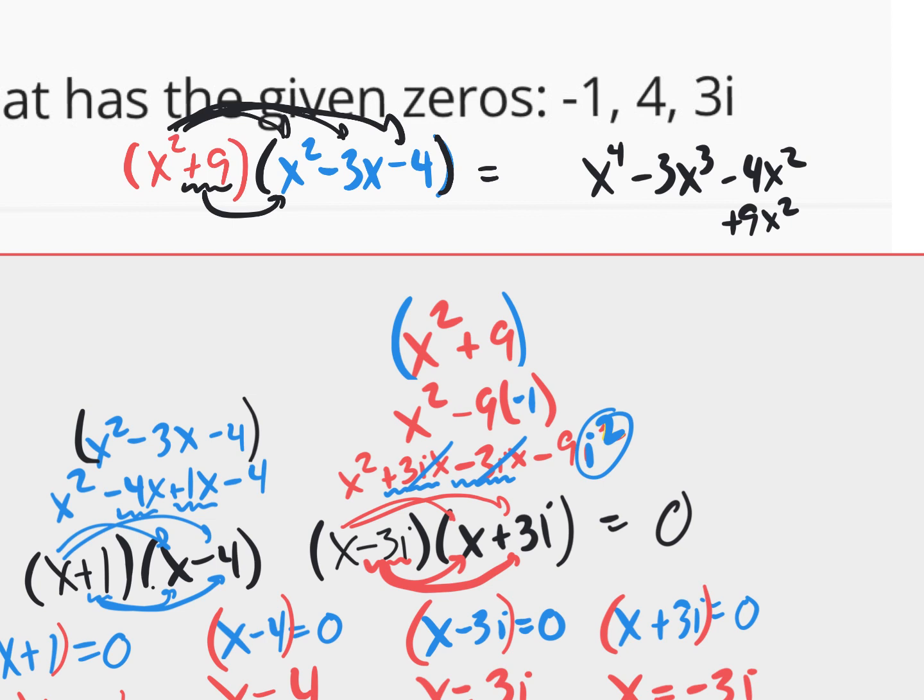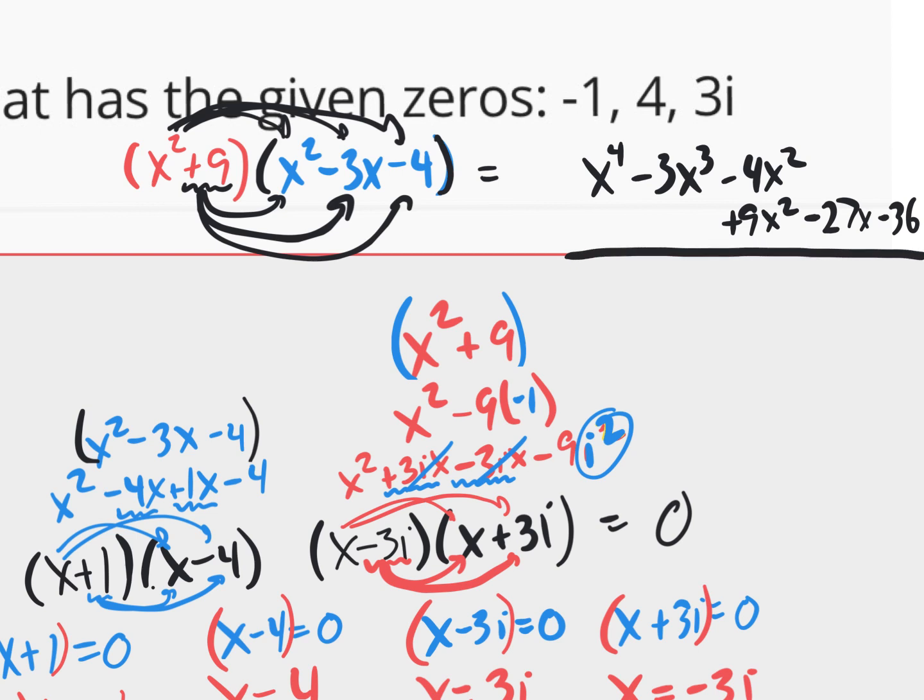And then positive 9 times negative 3x, that'll be a negative 27x. And last but not least, 9 times negative 4 is negative 36. So I just put them stacked. That way you could clearly see that I'm combining these two. And when I combine those two, I will get a positive 5x squared.